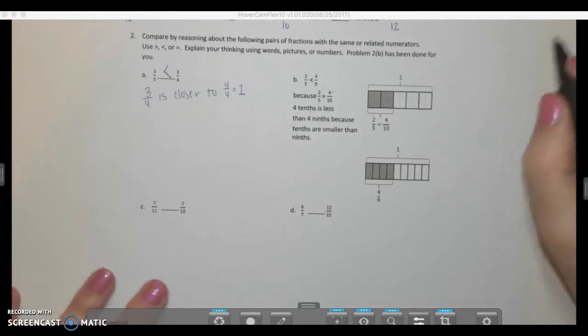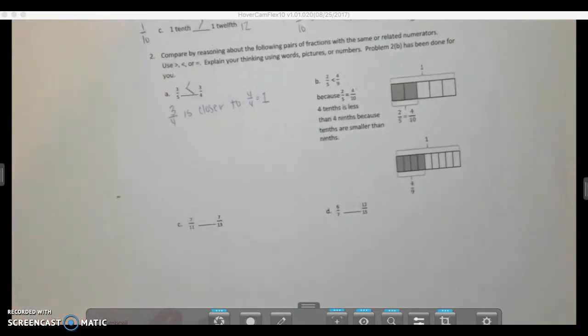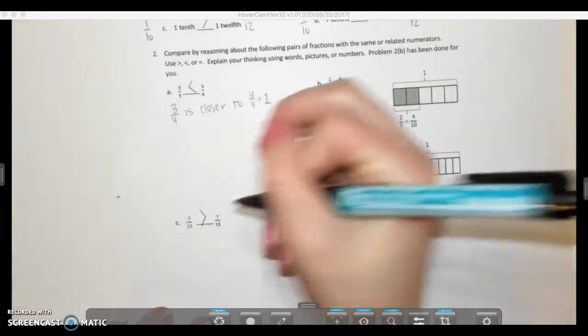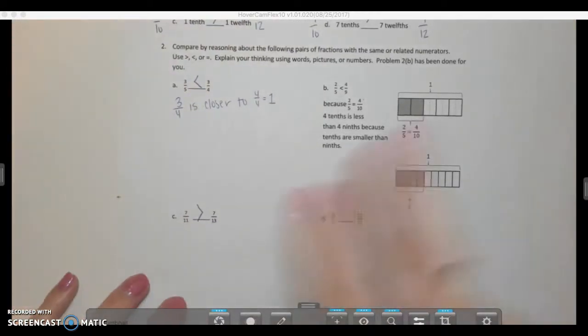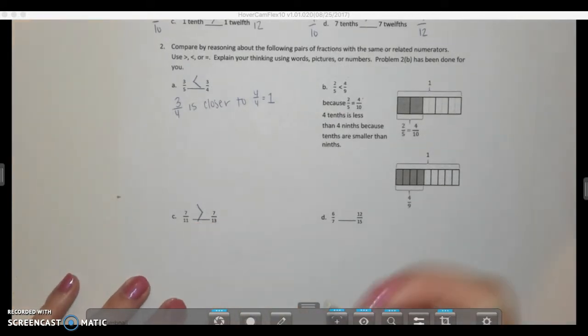And then we'll move down to C. I have 7/11 and 7/13, and I know 7/11 is bigger because 7/13 is smaller, and 11ths are bigger than 13ths.